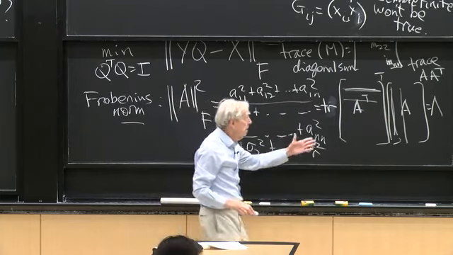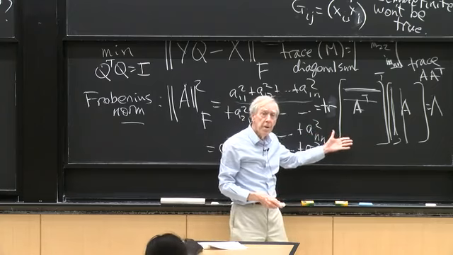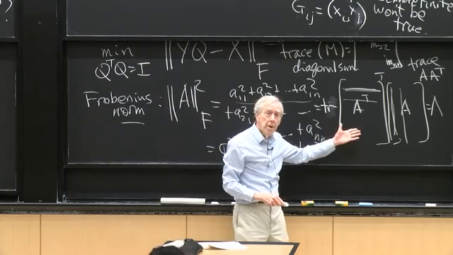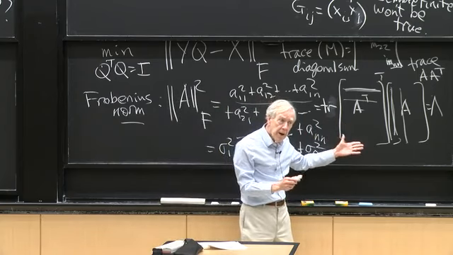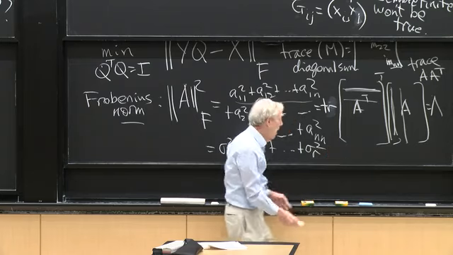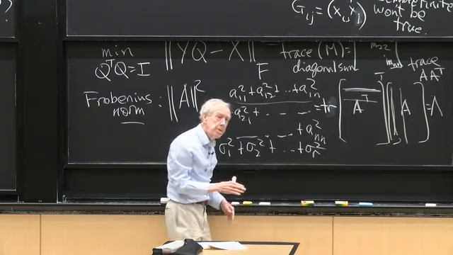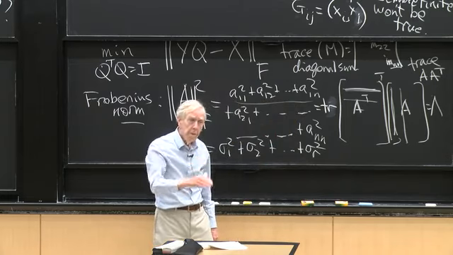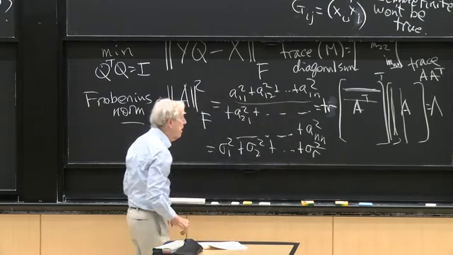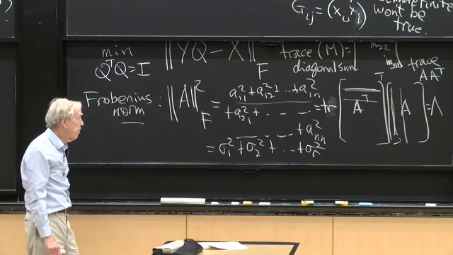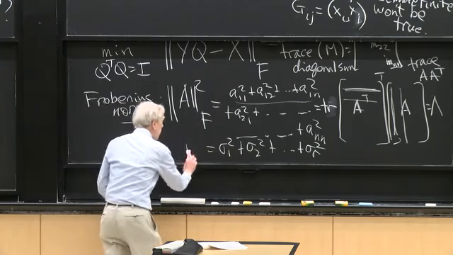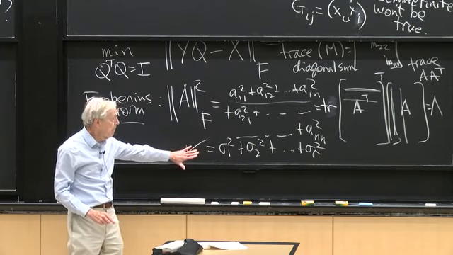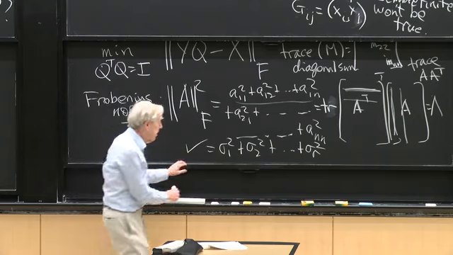The singular values squared are the eigenvalues of A transpose A. And then when I add up the trace, I'm adding up the eigenvalues, and that gives me the Frobenius norm squared. This tells us something important, which we can see in different ways.